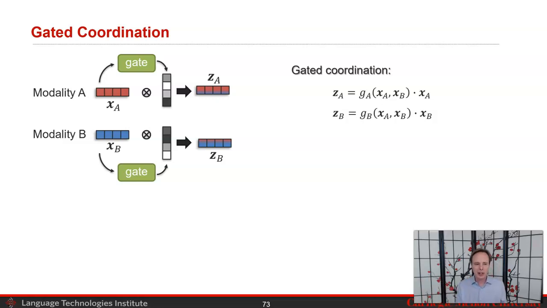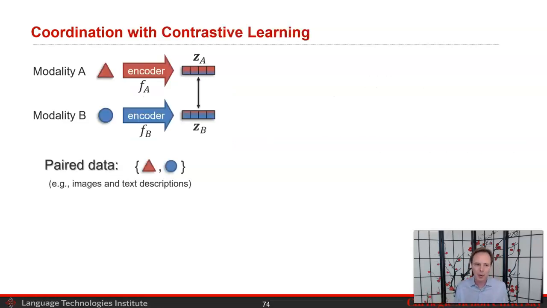The attention just gives you how much of modality B is to be kept in the representation, and we'll talk more about it in the transformer. But there's one direction I'm really excited about, and we see a lot of progress when we look at coordinated representation, and it's the whole area of contrastive learning.